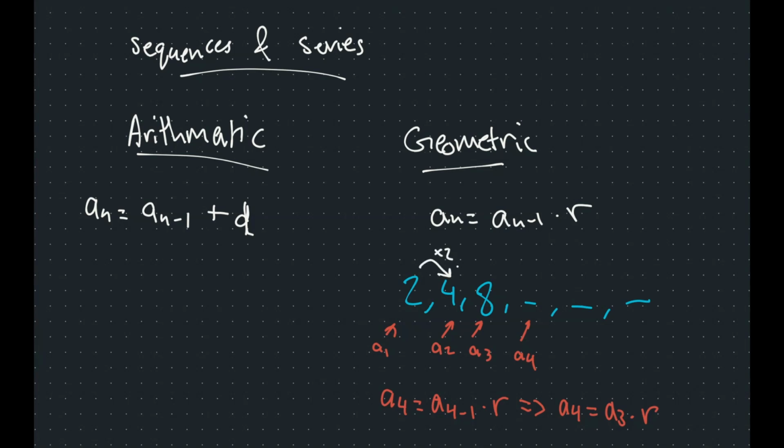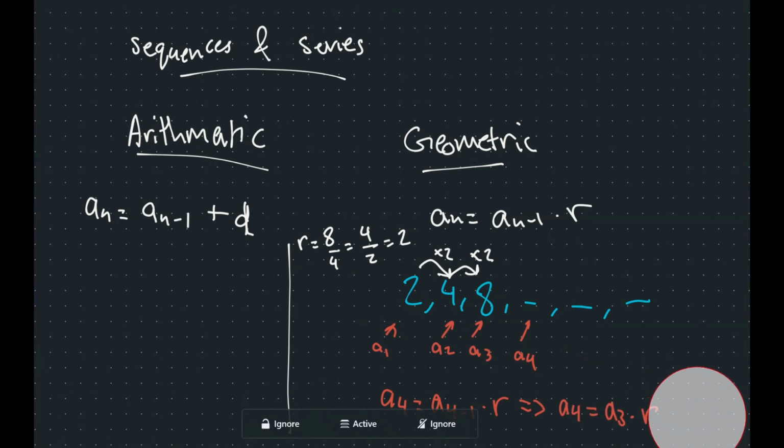We multiply by 2. We multiply by 2. And the really correct way to find it is dividing the later term by the previous term. So R is equal to 8 divided by 4, which is also equal to 4 divided by 2, which is equal to 2.